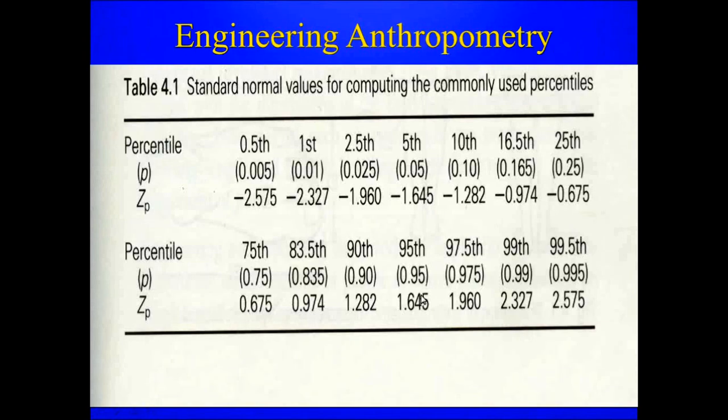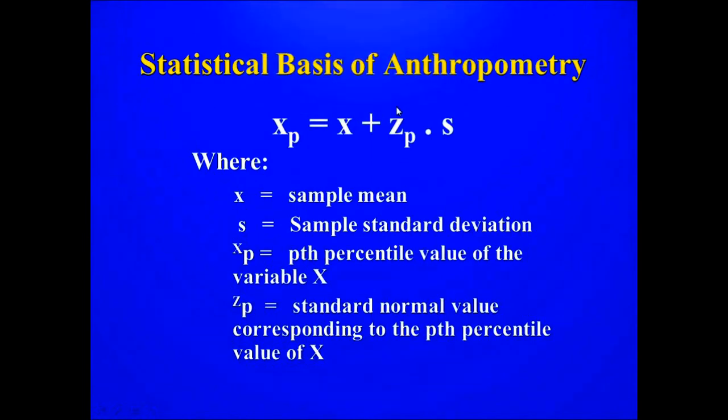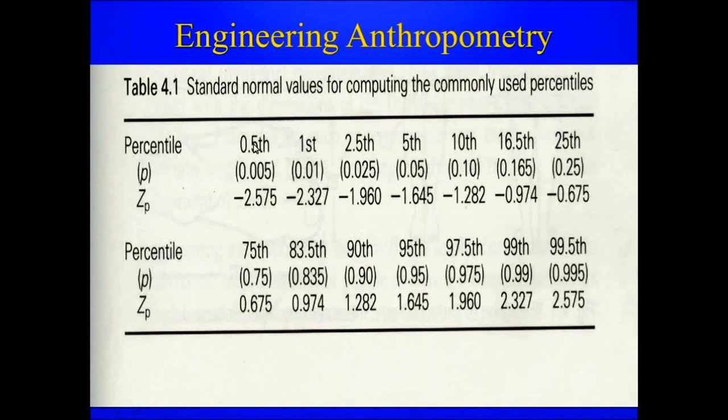So you would work that into this particular equation here for that particular value, so that you can now be able to fill in the equation to get your answer for X sub P. The ranges are from 0.5 to 99.5, so that's your full range.